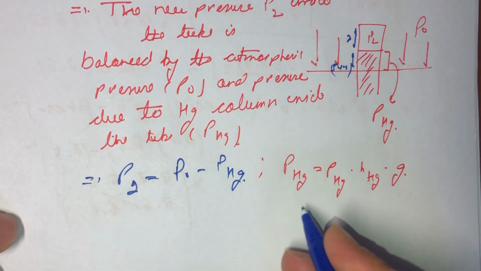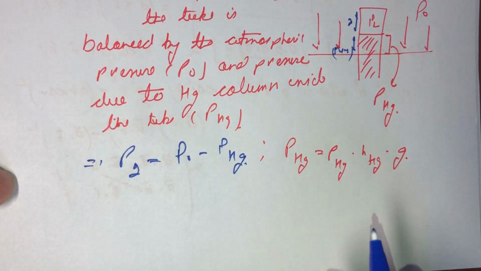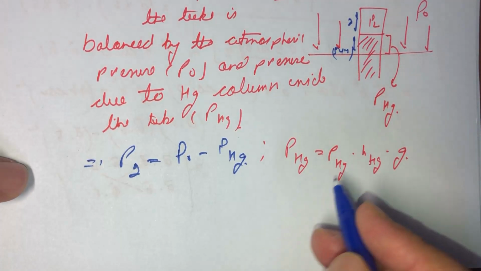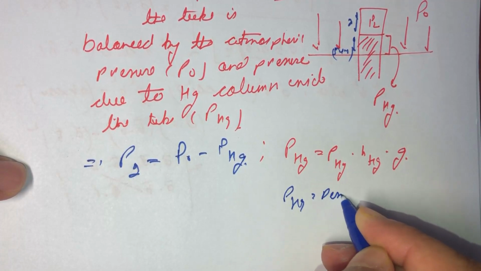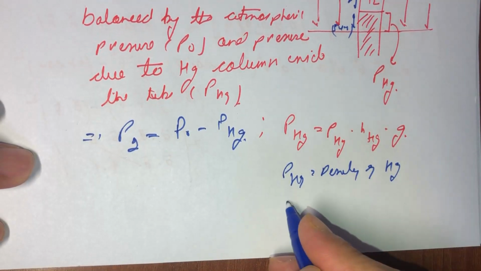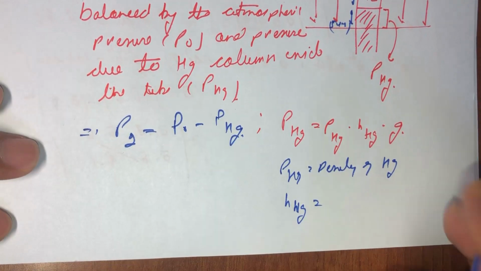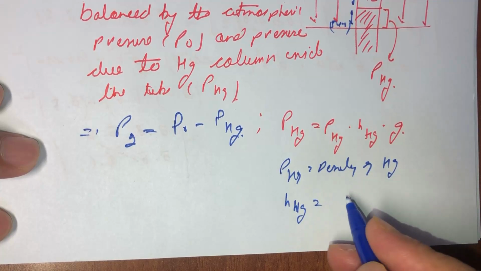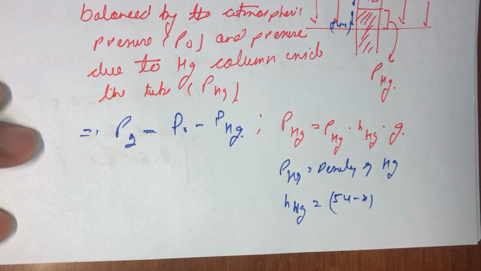So rho Hg is density of mercury, and HHG is height of the mercury inside the tube, and that is given as 54 minus x.